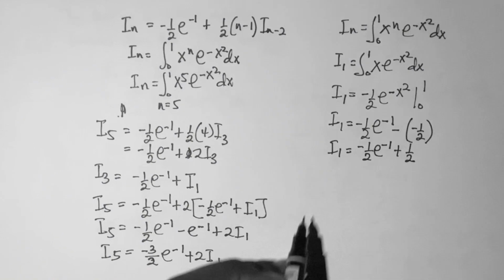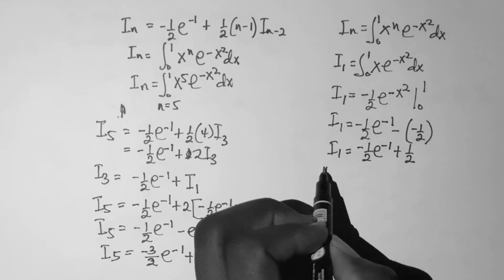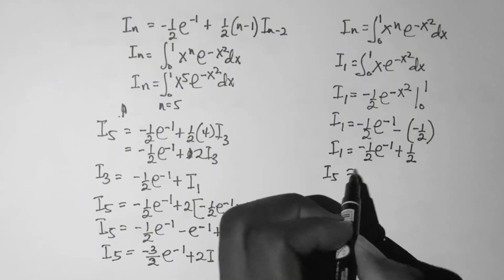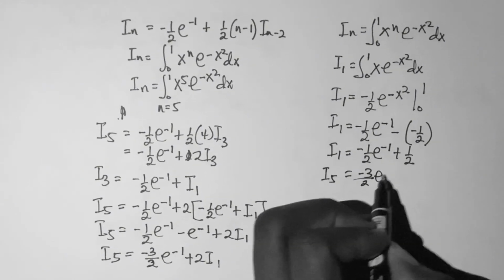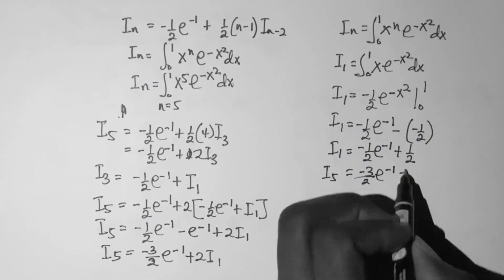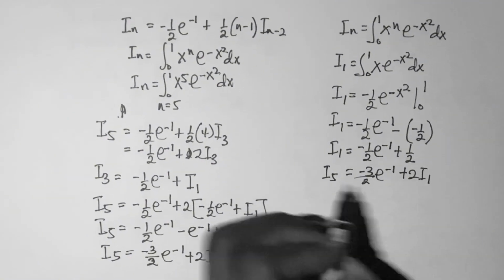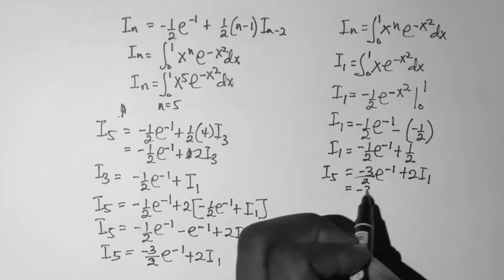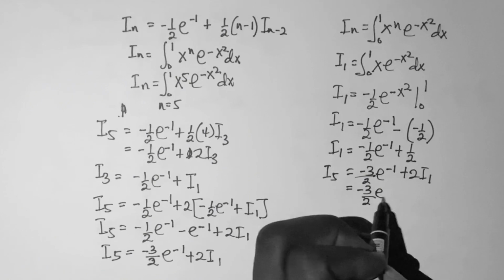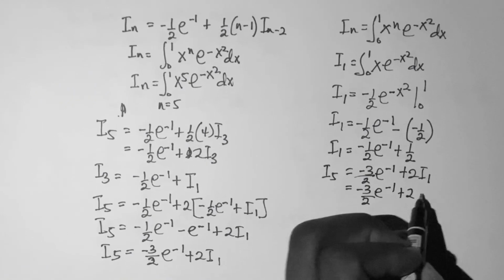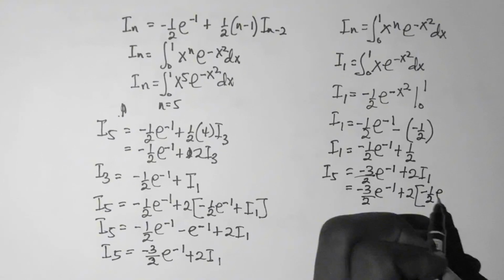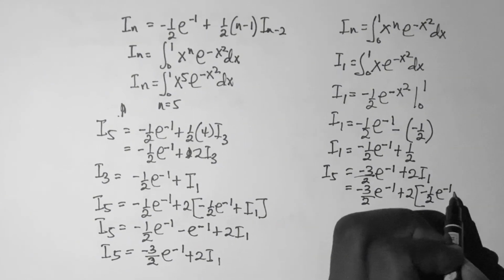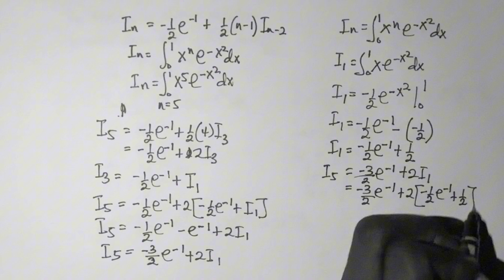So let's take this I of 1 and put it in I of 5 to get I of 5. We know that I of 5 is minus 3 over 2 e to the power of minus 1 plus 2 I of 1. So this is equal to minus 3 over 2 e to the power of minus 1 plus 2 times I of 1, which is minus 1 over 2 e to the power of minus 1 plus 1 over 2.